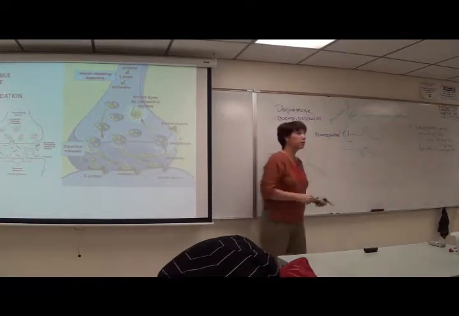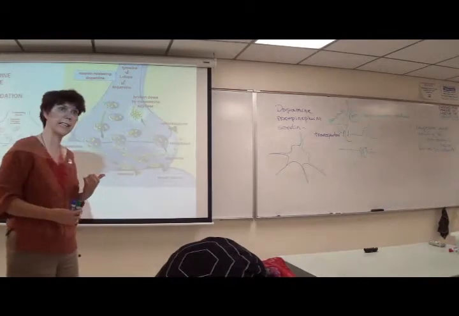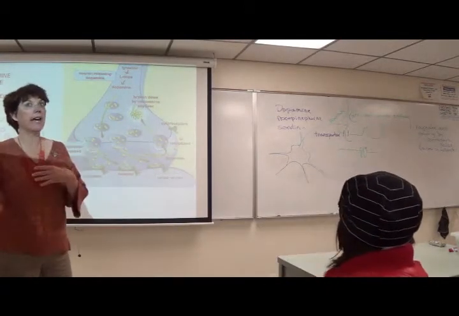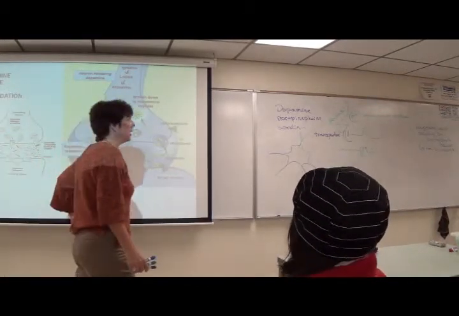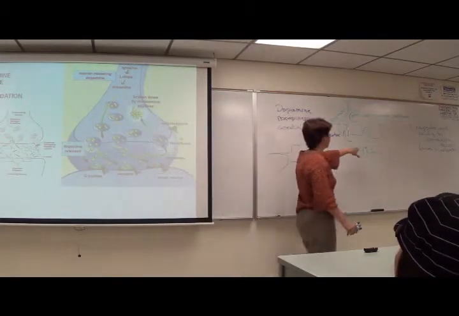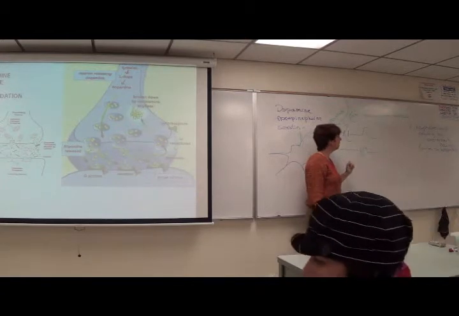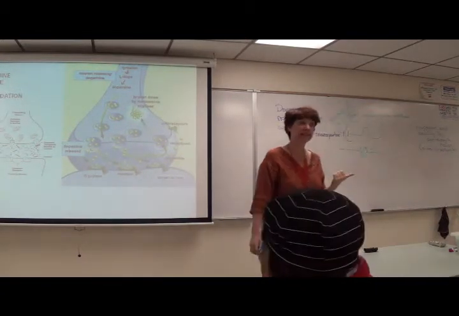Now, there are two major ways in which we can affect this. What if I don't have enough dopamine, all right? I currently take a drug that works as a dopamine agonist. It acts like dopamine and binds to dopamine receptors. My migraine medication is an MAOI.